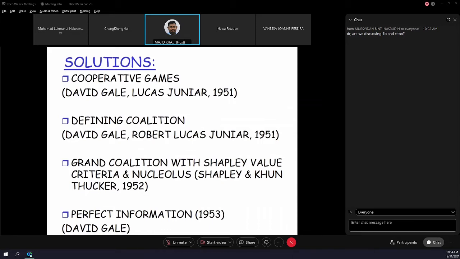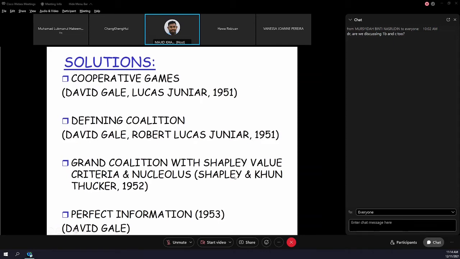Next, we will also define what a coalition is. Coalitions involve more than two players, especially if we look at the current political scenario in Malaysia. We need a coalition to win particular seats in the parliament. So actually, this is also based on game theory, and we can convert that situation into game theory.